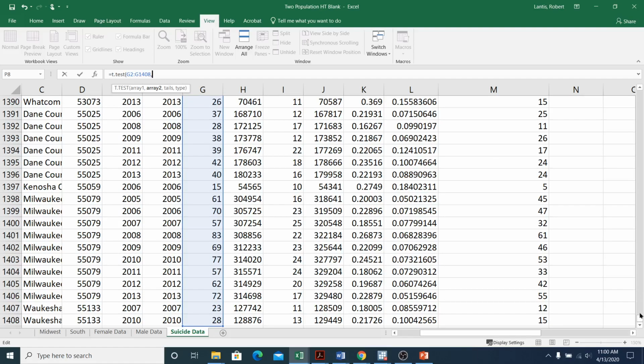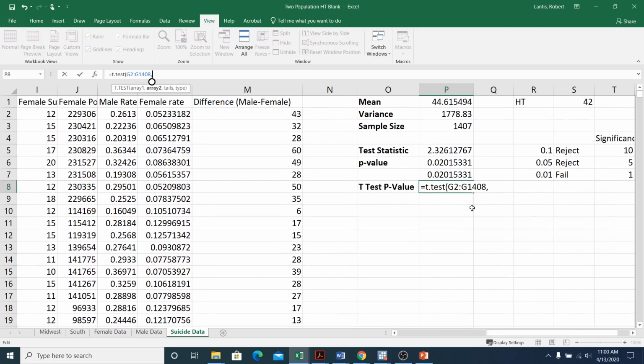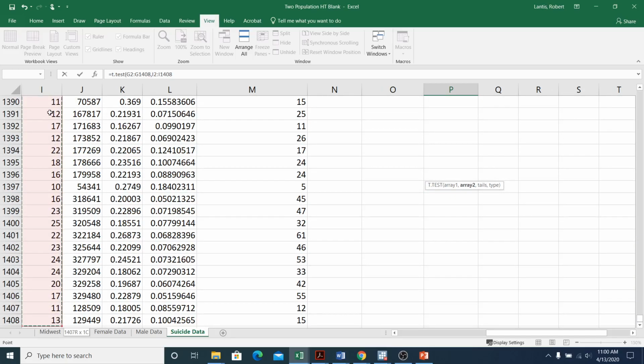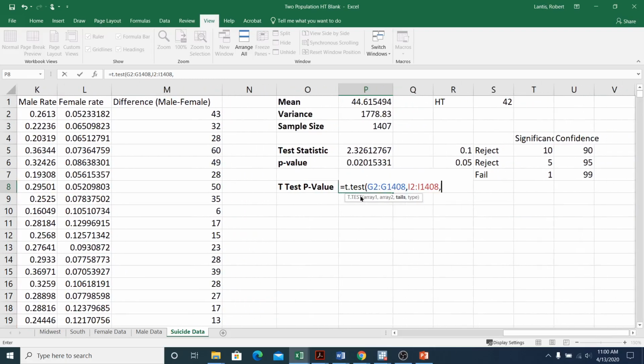Put a comma. I'm going to go back up to the top so you can see what we're doing here. The next thing I do is select the female suicide variable. So here, column I, select that. Put another comma. So I've selected the two variables I want to take the difference of. We said we were doing a two-tailed test.